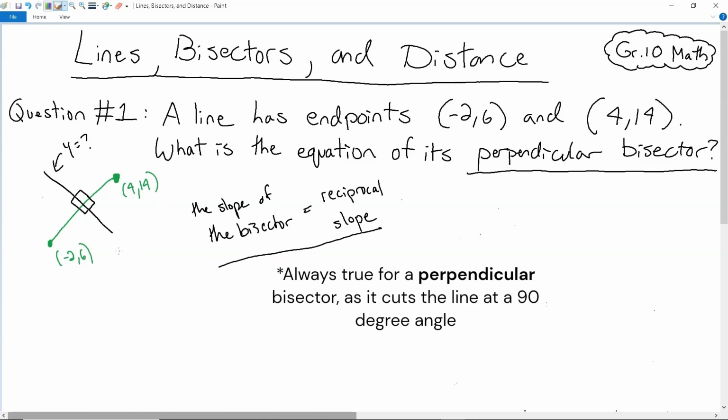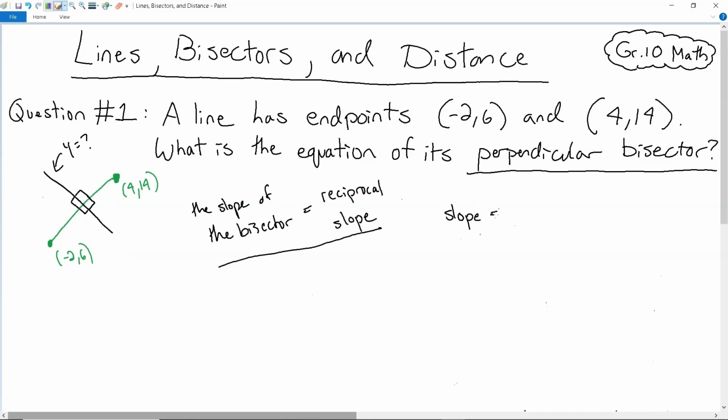So our first step is to solve for the slope of our original line, and we can do that with our rise over run equation because we have 2 points to work with. I'm just going to rewrite my points here. And now we just have to plug in those values.